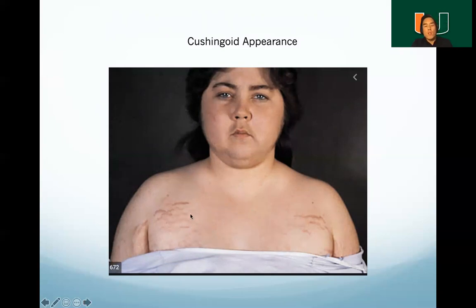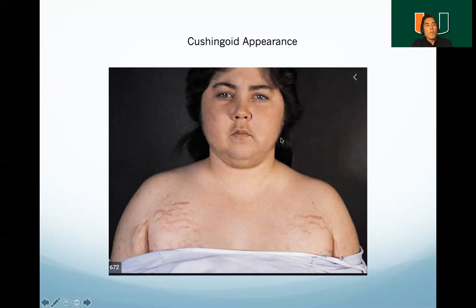When you have excess glucocorticoid, this is what happens: you have moon facies, you have striae, and you have many other signs that you can look up. The Cushingoid appearance. Currently, when you have excess cortisol caused by a pituitary adenoma, we specifically call it Cushing's disease.